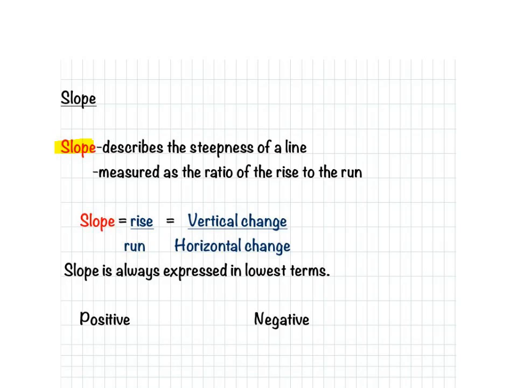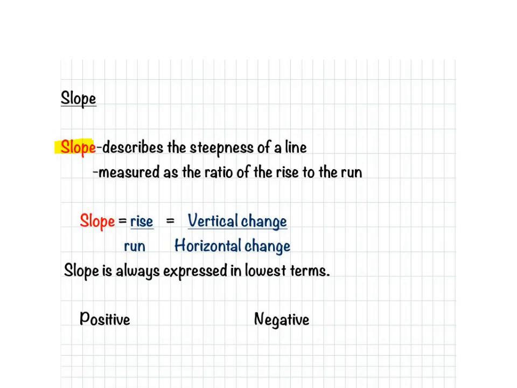It is measured as the ratio, or the comparison, of the rise to the run. So write this down. Slope equals rise over run. Rise is the vertical change. Run is the horizontal change.